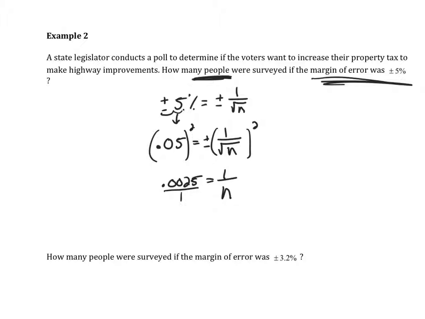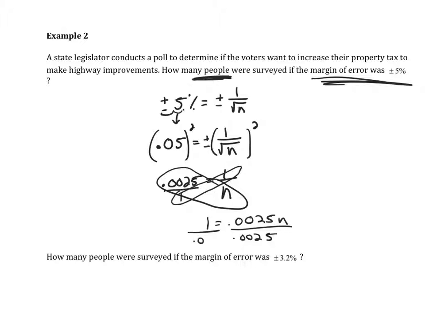At this point, you could put a 1 underneath there, and it's just a cross multiply problem. 1 times 1 is 1. 0.0025 times n is 0.0025n. Now to solve this, we just have to divide 0.0025 on both sides. So n equals, you type in your calculator, 1 divided by 0.0025, and we get 400 people. And that's how many people were surveyed.